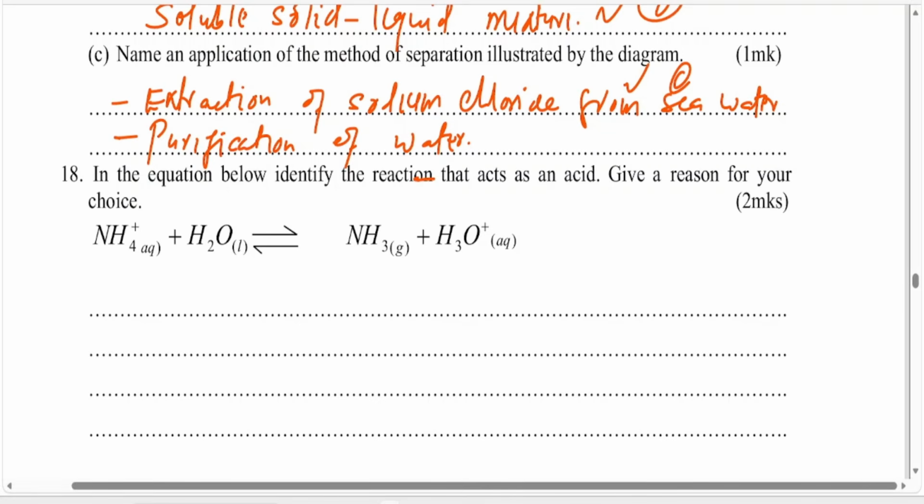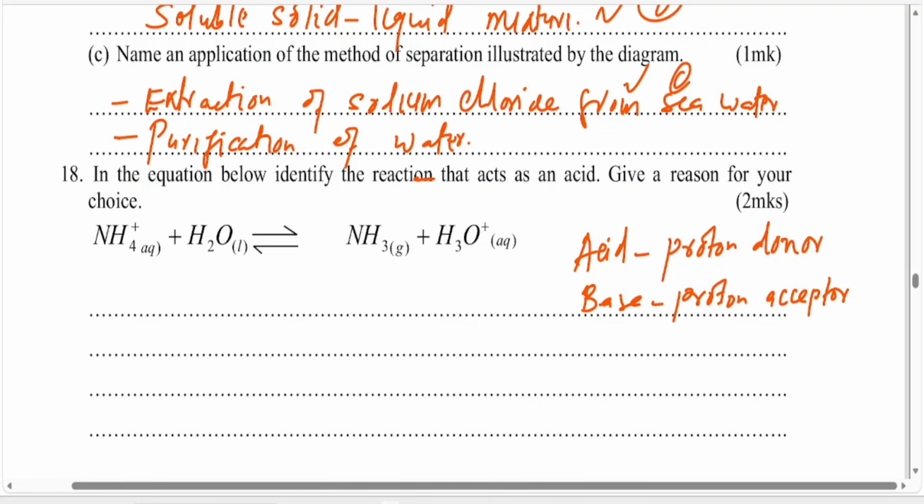In this case, we are going to define an acid based on the Bronsted-Lowry theory, which states that an acid is a proton donor, and a base is a proton acceptor.